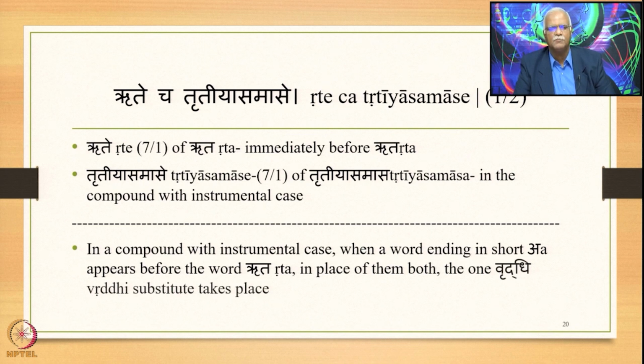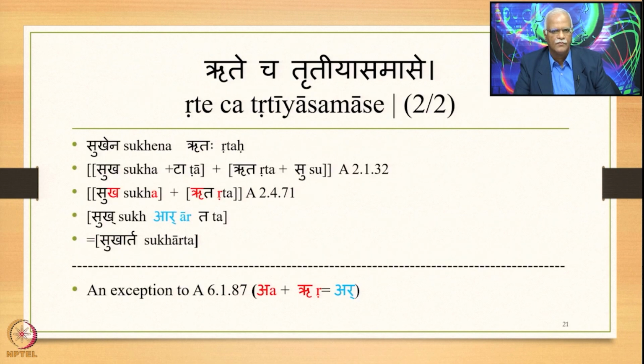The meaning of this statement is, in a compound with instrumental case, when a word ending in short a appears before the word rita, then in place of both of them, the one vriddhi substitute takes place. So a and ru, and we have one substitute, namely r.